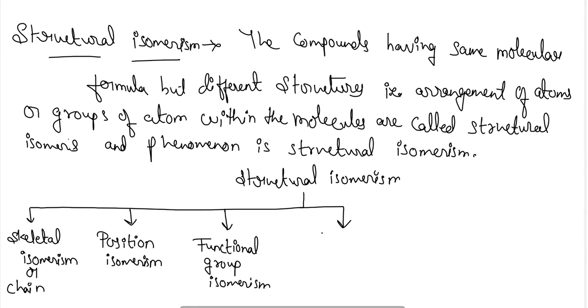Fourth one will be metamerism. In which four types are there? Metamerism is a special type of isomerism. It can be considered as a next type of isomerism, but generally it is included in structural isomerism, as a classification of structural isomerism only.